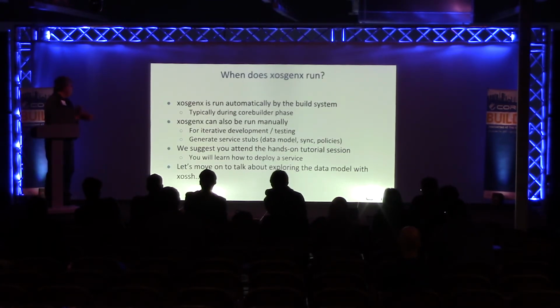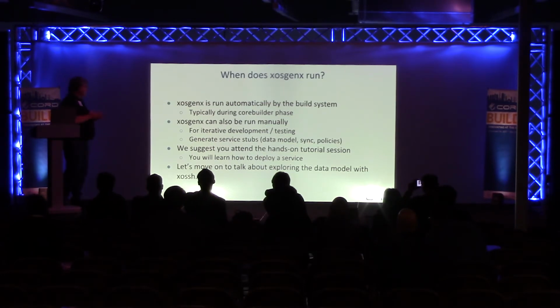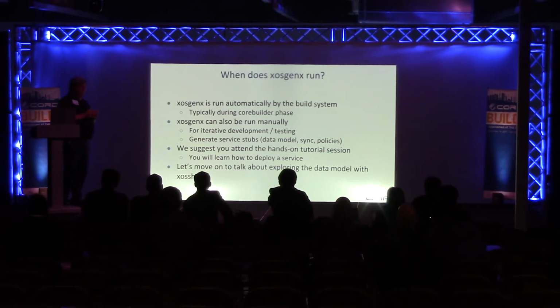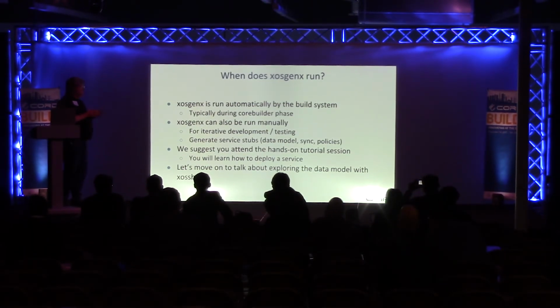So we've shown you all of this stuff, but we haven't actually run it yet. It's because most people are going to encounter this run automatically during the core builder phase of the build system. But you can run it manually if you want, and that's going to be demonstrated, I think, in tomorrow's synchronizer discussion. The reasons you'd want to run XOS Gen X manually would be for iterative development or testing.